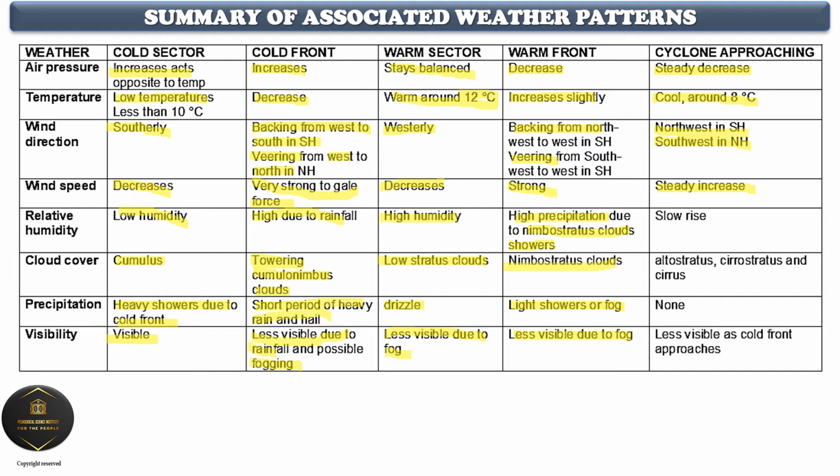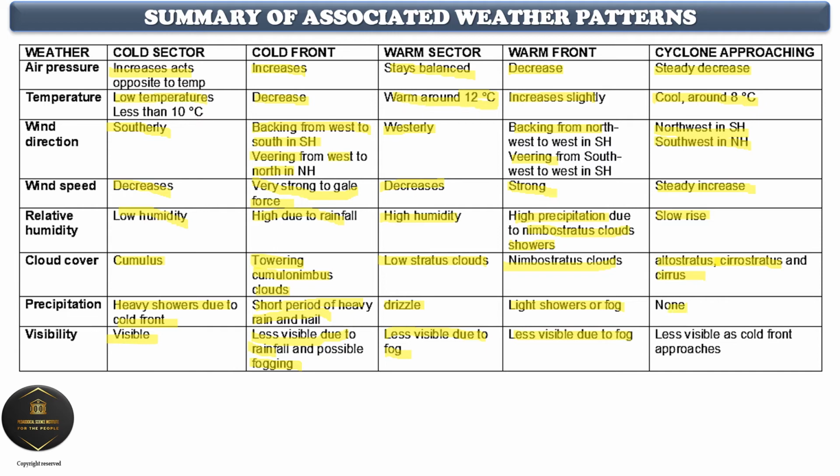Wind speed increases, relative humidity will also rise. The cloud cover, you can either have altostratus, cirrostratus, and cirrus clouds, right? Remember, you did the types of clouds in grade 10, so just revise the conditions associated with each type of cloud for additional knowledge.